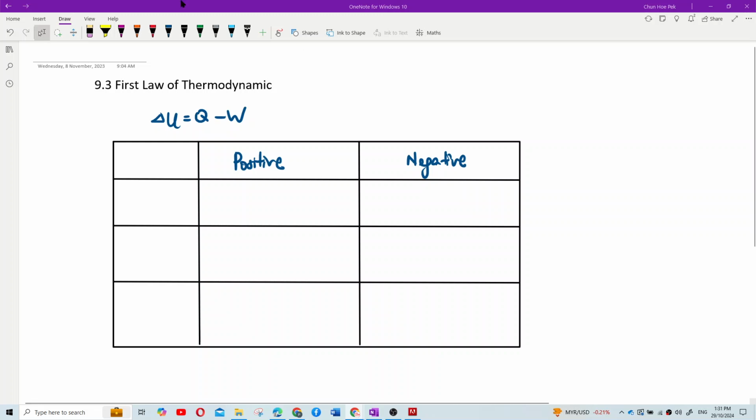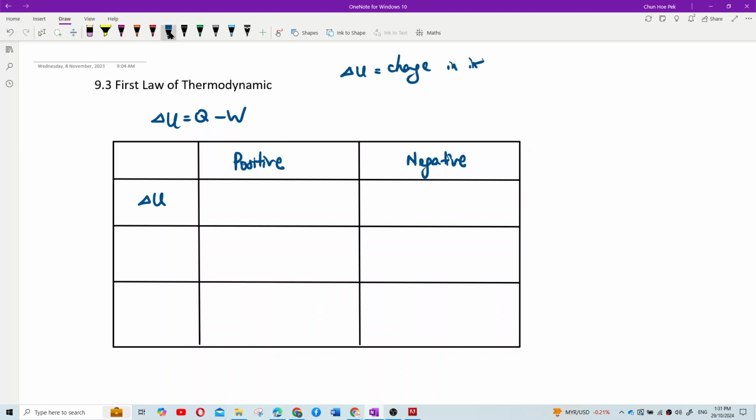All right, so first of all, I start with this delta U. Delta U is what we call the change in internal energy of gas.